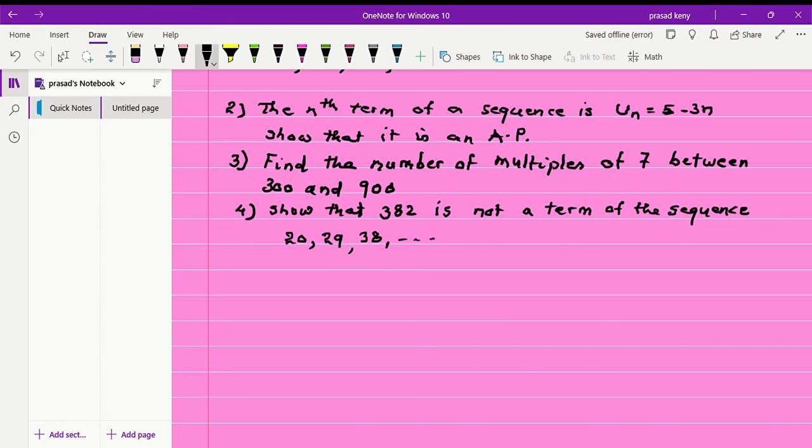So here, first take Tn as 382 and you'll get n as a fraction which will contradict. So it is not a term of the sequence.